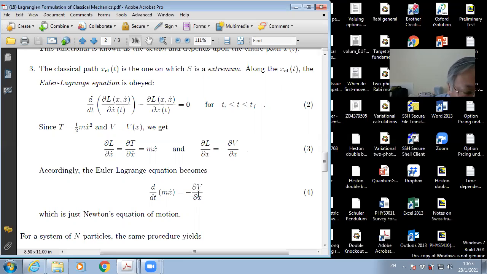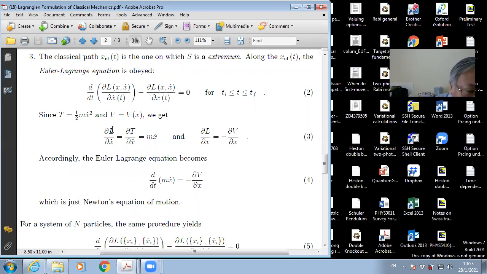Okay, and I would like to point out that the term ∂L/∂x dot is known as the generalized momentum of the system. In fact, in terms of the Cartesian coordinates, ∂L/∂x dot is actually equal to m x dot, the linear momentum of the particle.